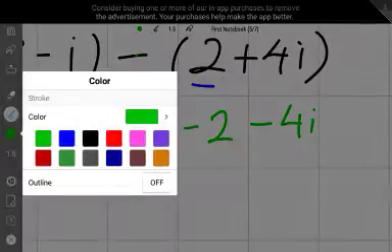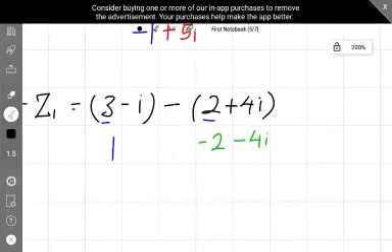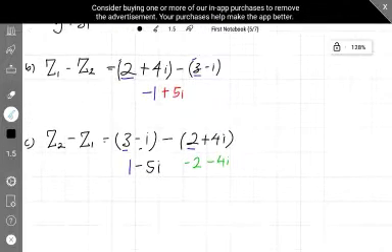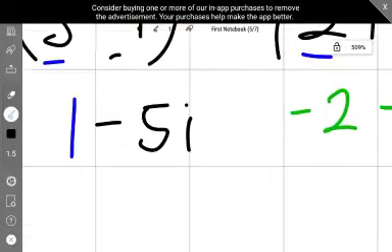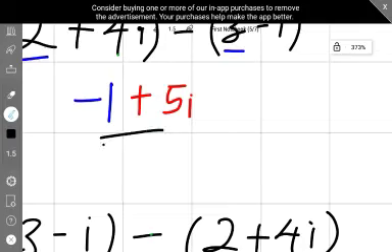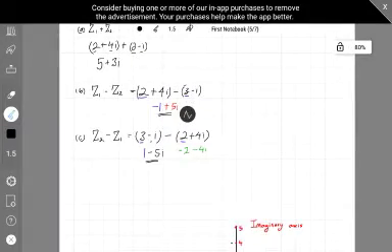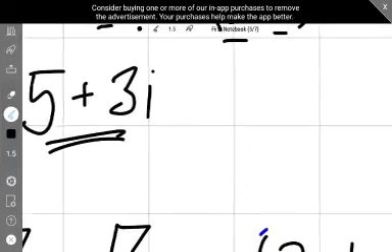So when you come back to the whole expression, you'll find out that it's going to be minus i minus 4i, which gives you minus 5i. So that's the three solutions to the arithmetic of the three complex numbers.